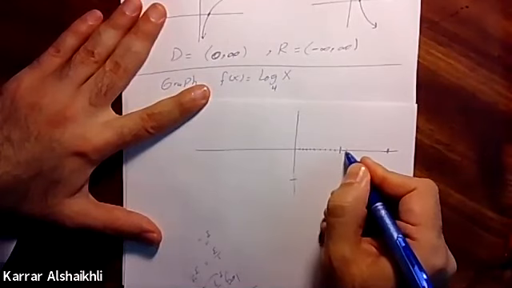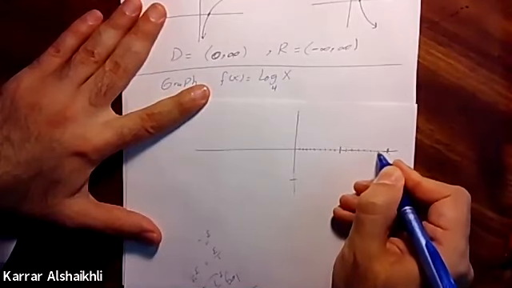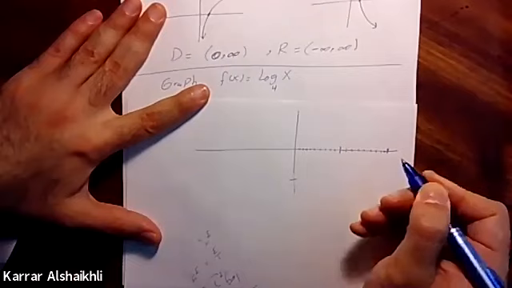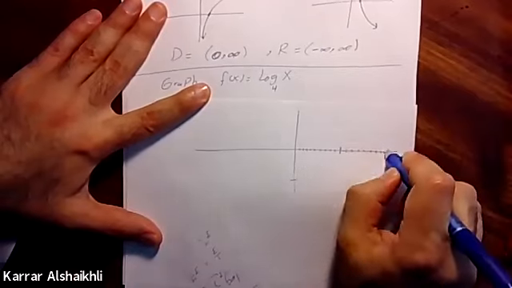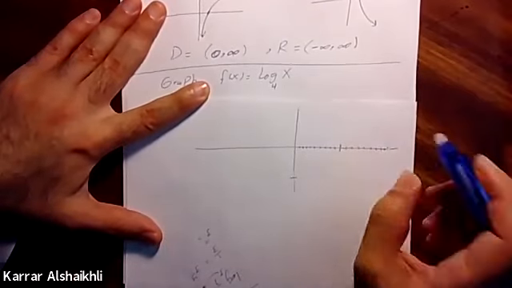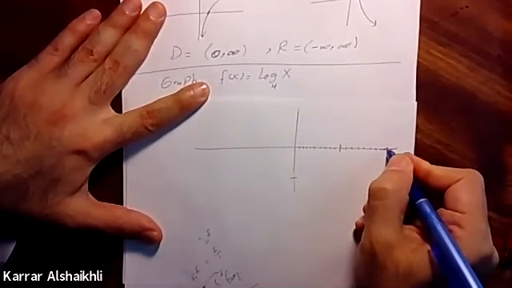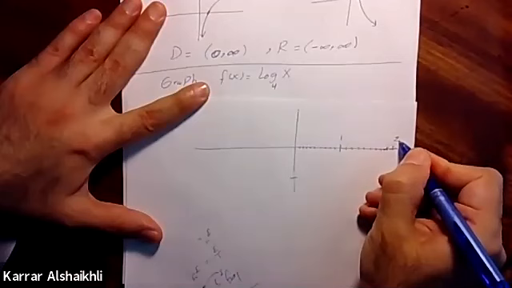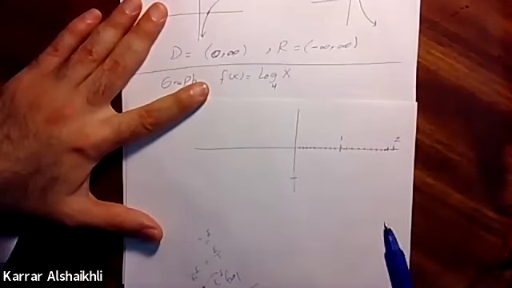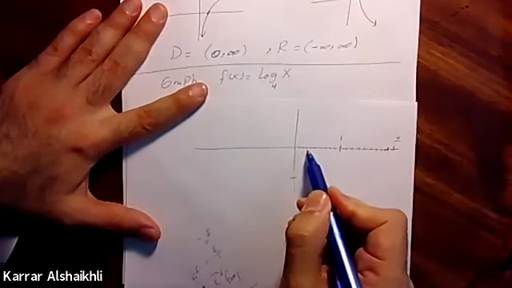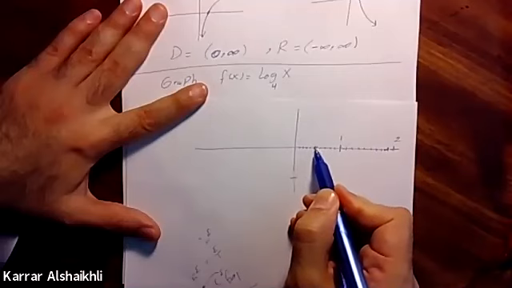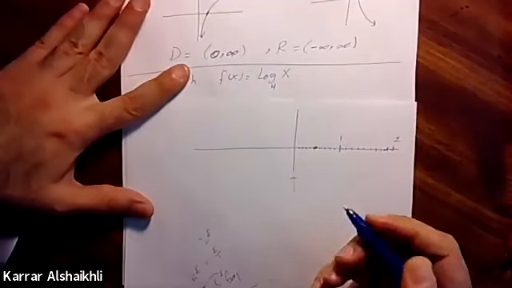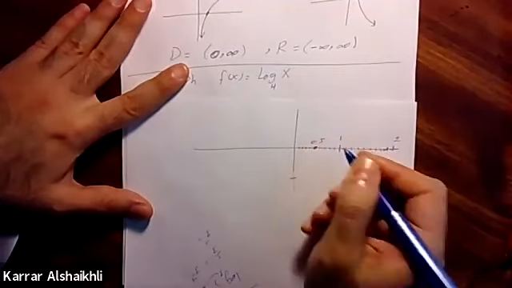Again, 1, 2, 3, 4, 5, 6, 7, 8, 9, 10. If you want to make it accurate, here's the 10. Now this is 1, this is 2. 0.5 is going to be this point, which is 0.5.